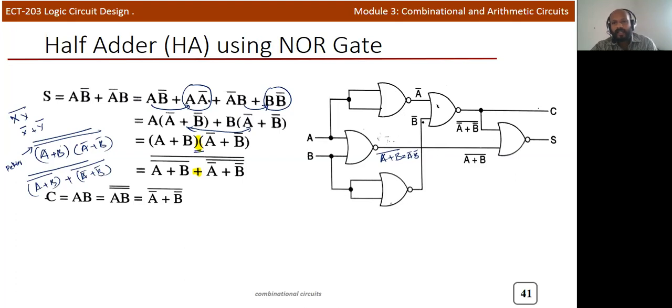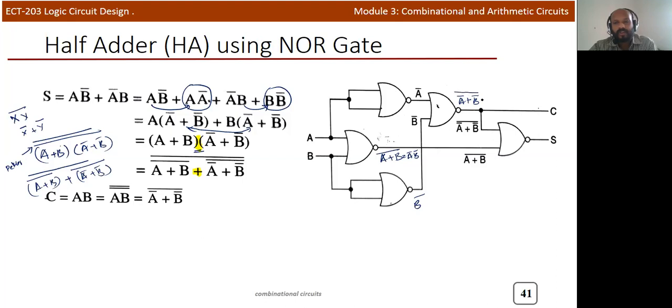Okay, and here we are getting B bar, and here we are getting A bar. So in a NOR gate, if the two inputs are the same, you get the equivalent of a NOT gate. Okay, here you are getting A bar and B bar as the input, so here you will get A bar plus B bar and the whole bar.